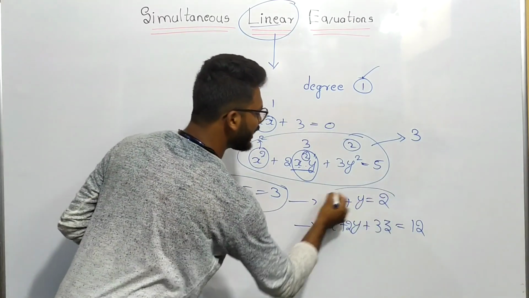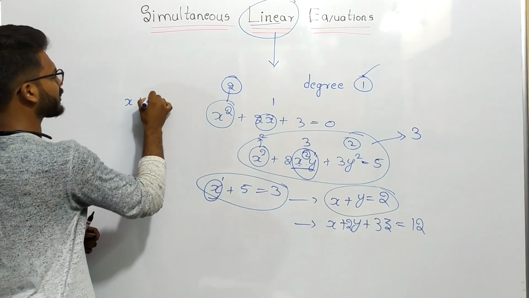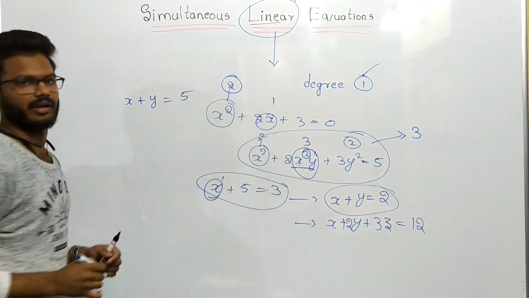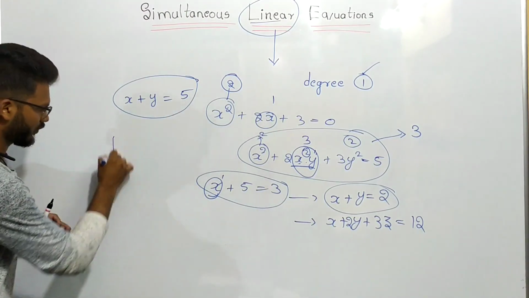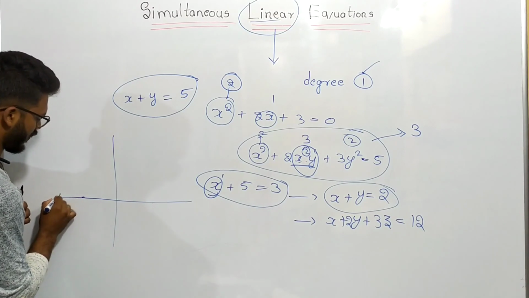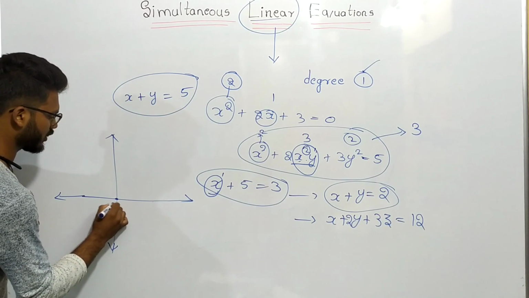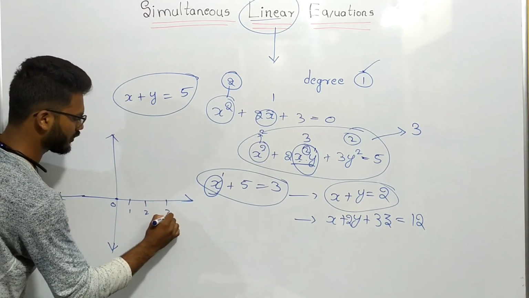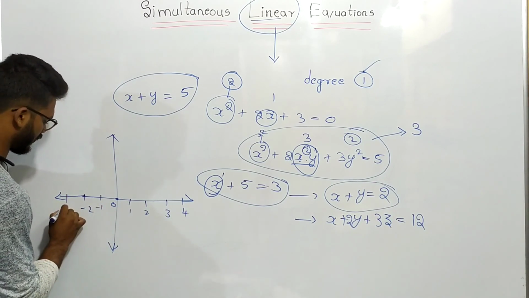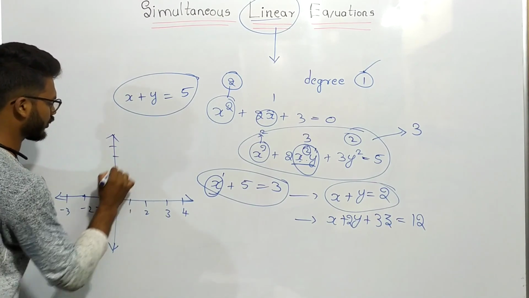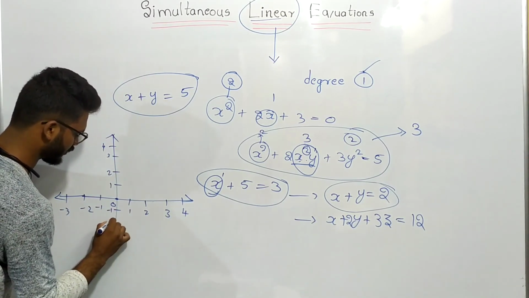Whenever you take any equation with a single degree, suppose x plus y is equal to 5, and you plot the points on a graph, suppose this is the graph, with x axis and y axis, marked 0, 1, 2, 3, 4 and minus 1, minus 2, minus 3.